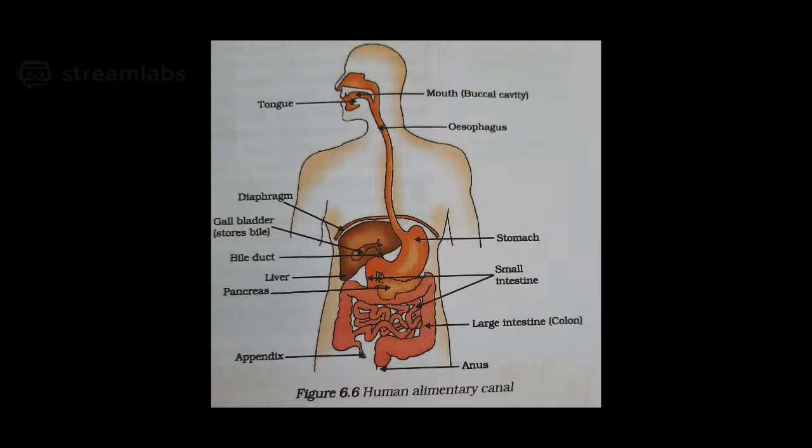And the stomach wall has mucus glands which secrete mucus. That mucus prevents the ulcers usually caused by gastric juice. So HCl may damage the stomach wall, but that will be prevented by mucus secreted by mucus glands.